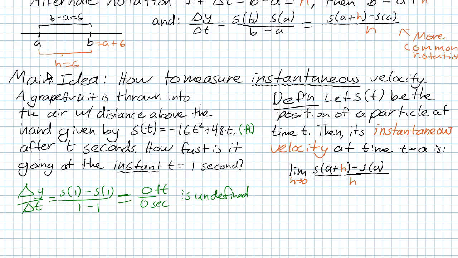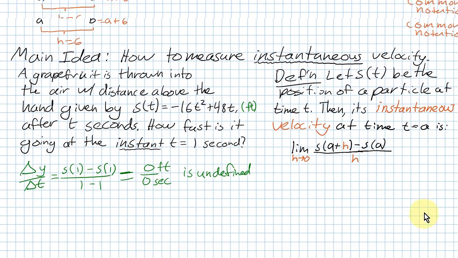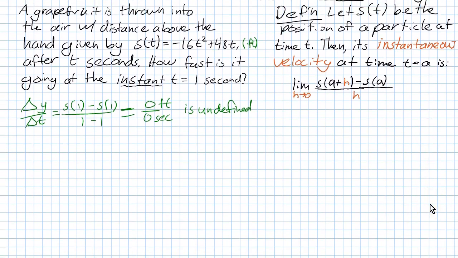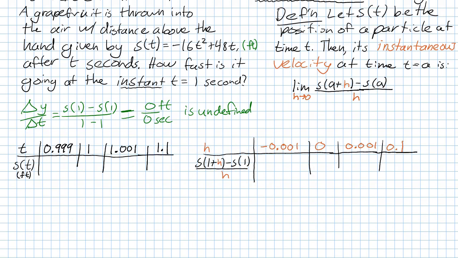So in order to calculate this limit, what we're going to do is plug in some numbers. I'll make a table that we can fill in just a moment. Okay, these are the tables I want to fill in. You can do this if you want to get some calculator practice.